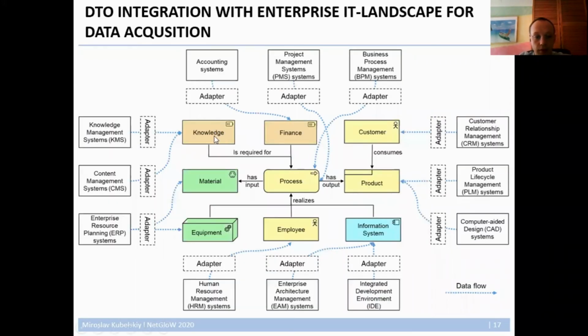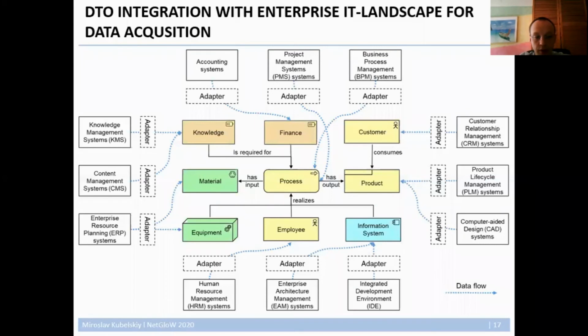A system of adapters needs to be built between the enterprise IT landscape and DTO to ensure continuous data acquisition. Adapters perform data parsing from enterprise information systems and convert them to the required form in accordance with the ontology, after which the data is written to the corresponding part of the knowledge graph.